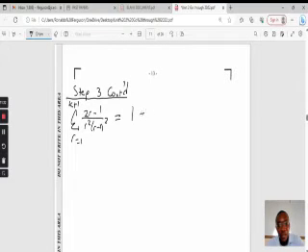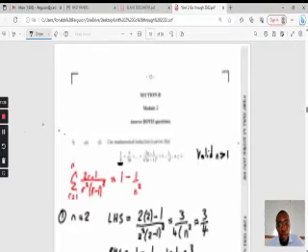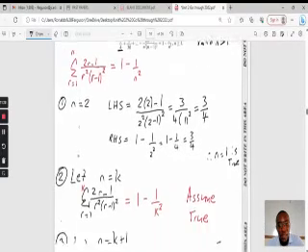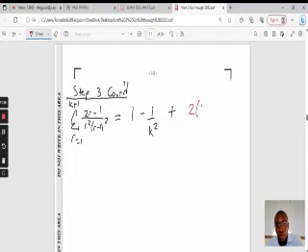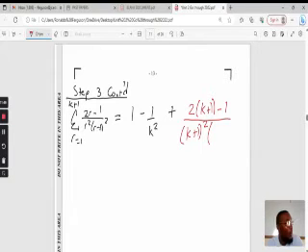So 1 minus 1 over k squared plus the k plus 1 term. And the k plus 1 term is, we input where r is k plus 1. So that is 2 times (k plus 1) minus 1, over (k plus 1) squared times (k plus 1 minus 1). K plus 1 minus 1 is k, so that's k squared.